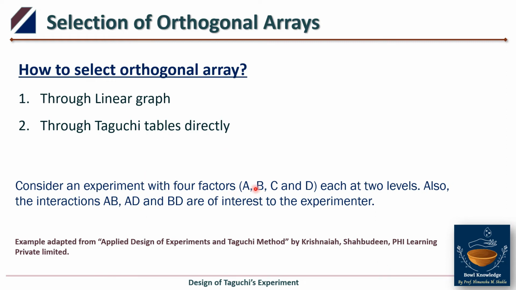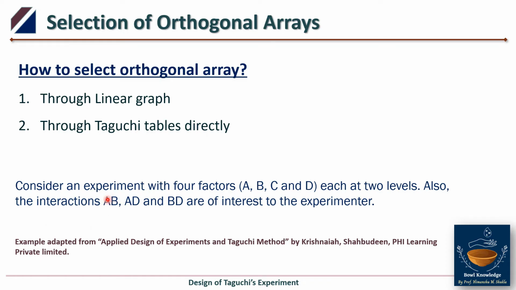Consider an experiment with 4 factors. So let's say this is an engineering experiment which involves 4 factors, each at 2 levels. So what is the level of every factor? It is 2. And apart from these 4 factors, there are 3 interactions, as you can see.